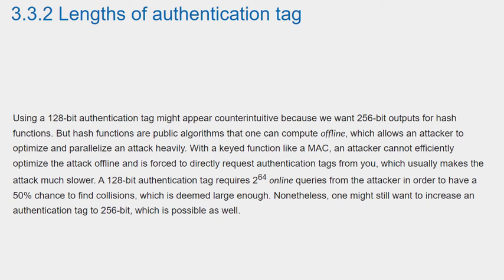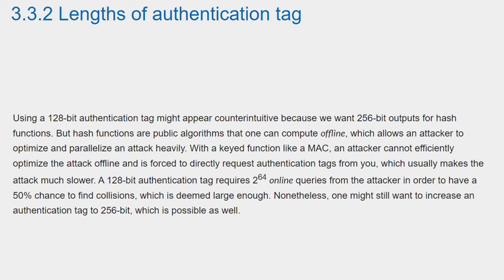Using a 120-bit authentication tag might appear counterintuitive because we want 256-bit outputs for hash functions. But hash functions are public algorithms that one can compute offline, which allows an attacker to optimize and parallelize an attack heavily. With a keyed function like a MAC, an attacker cannot efficiently optimize the attack offline and is forced to directly request authentication tags from you, which usually makes the attack much slower.